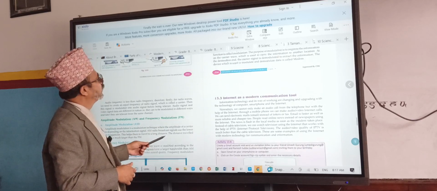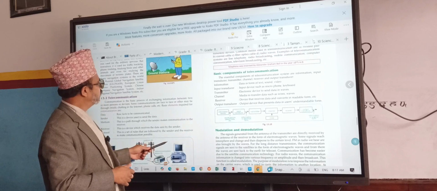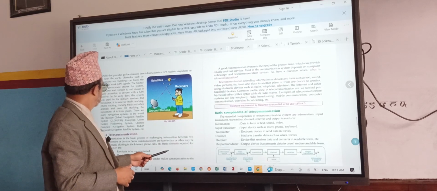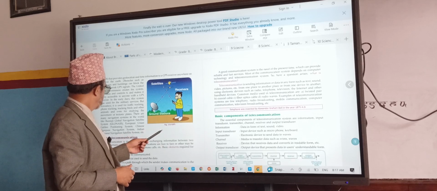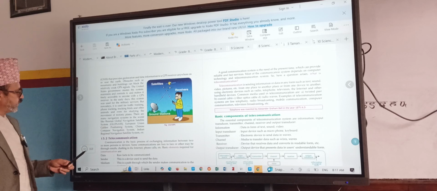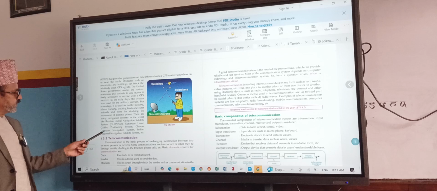So, children, yesterday it was discussed. Remember these full forms. GLONASS, what is the full form? Global Navigation Satellite System.